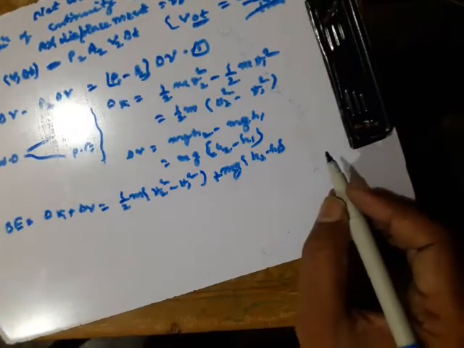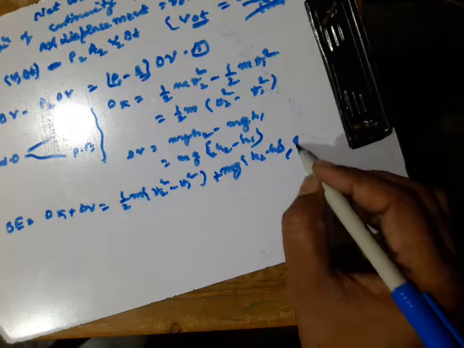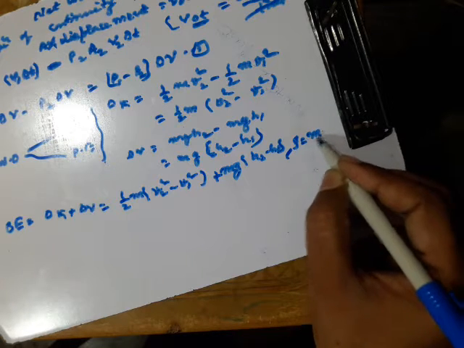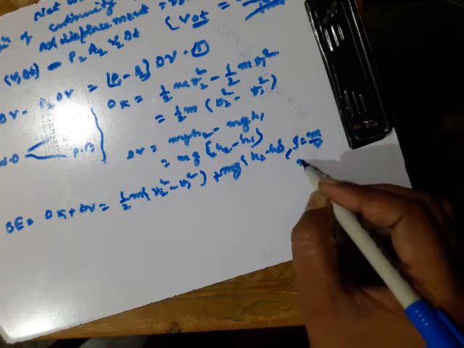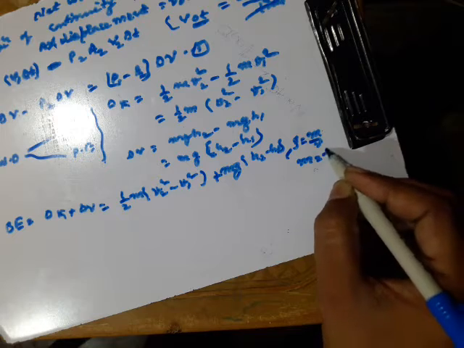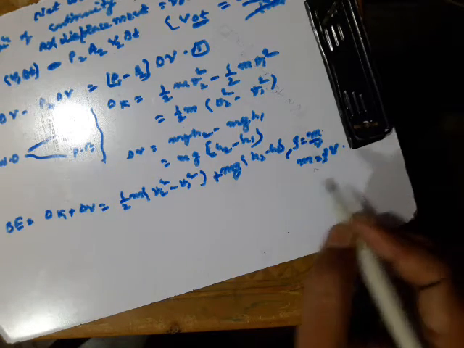And you know rho is equal to mass per unit volume, so m is equal to rho into V by cross multiplication.